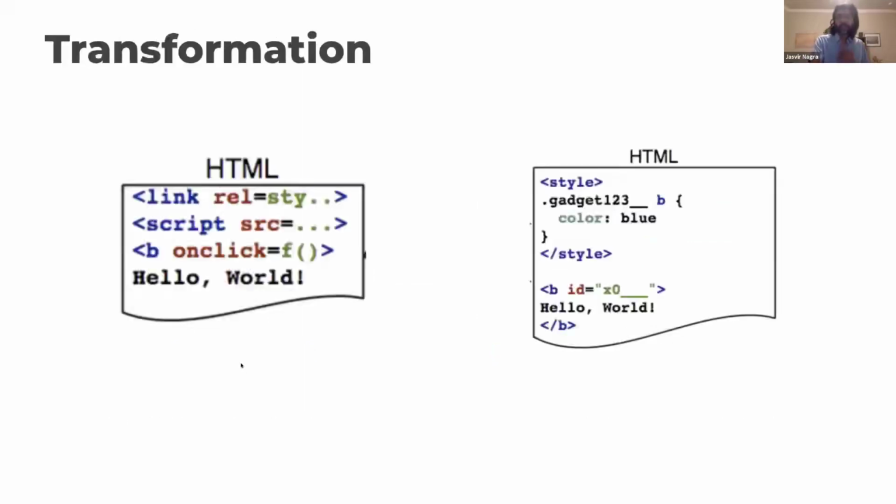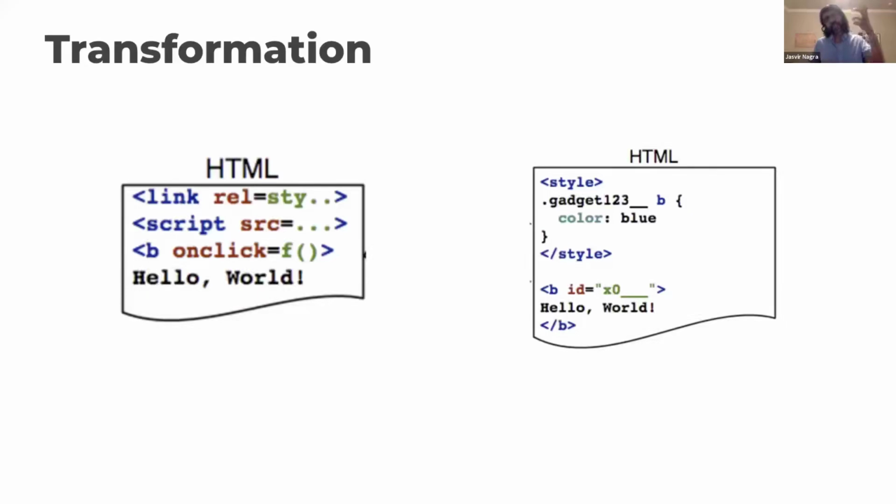It also works for HTML, and actually for HTML, it can even be a little bit easier because the power that is expressed by HTML or by CSS is less.